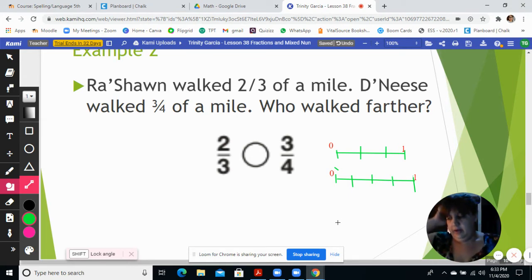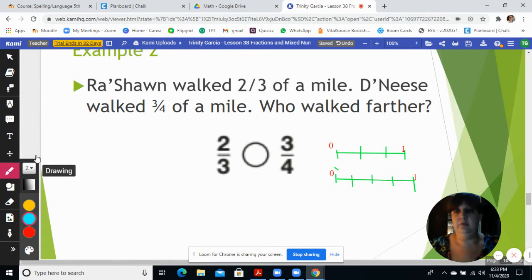Okay. Now, if we're going to place our numbers on the number line, we know that 2/3 is going to have to be 2 spaces over. So what we're going to draw is a nice little dot here. Let me get a tool. Okay, this is where 2/3 is going to be, because we have 1 space and 2 spaces.